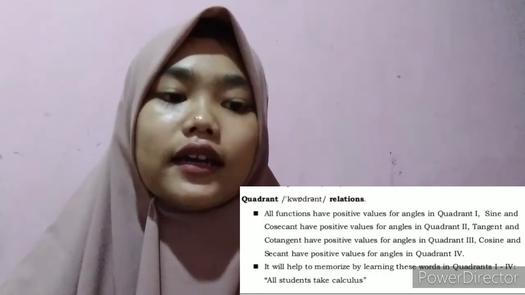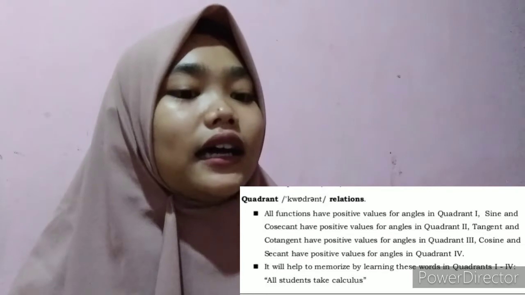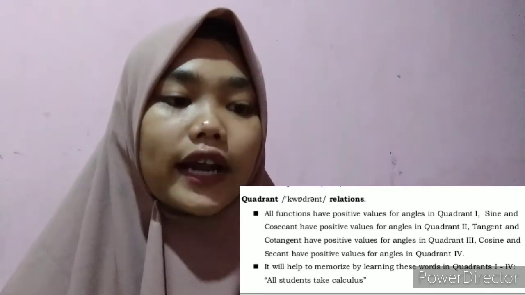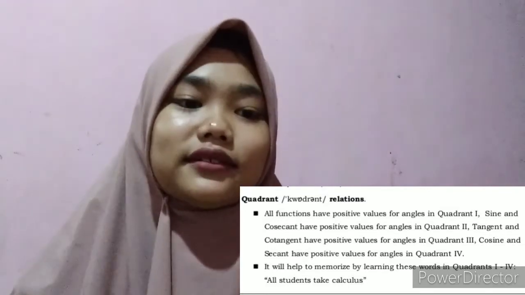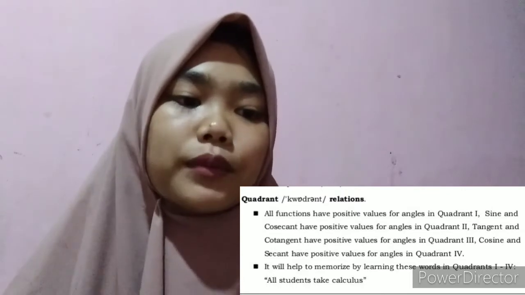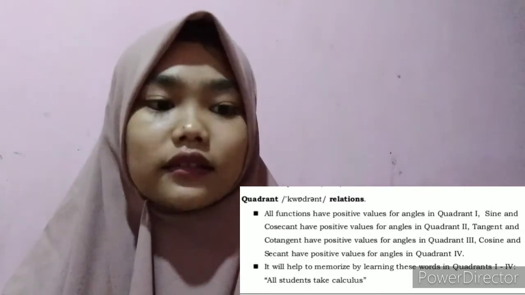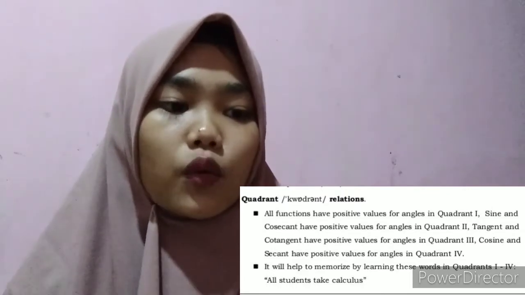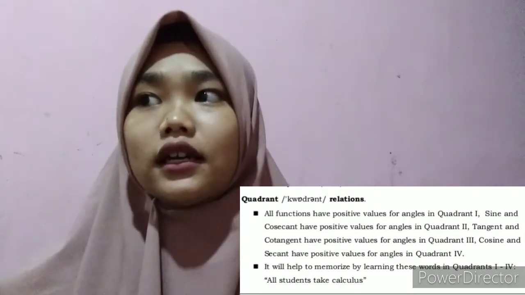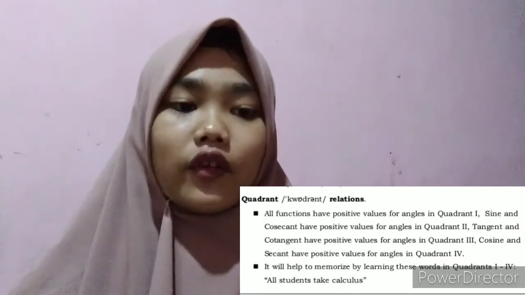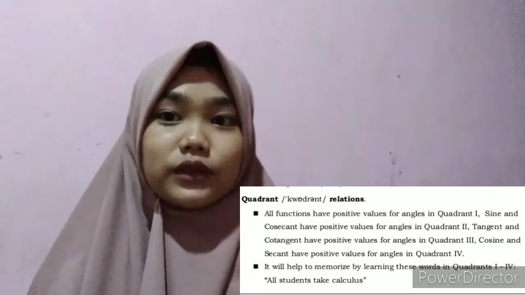Cosine and secant have positive values for angles in quadrant 4. It will help to memorize by learning this phrase for quadrants 1, 2, 3, and 4: All students take calculus.